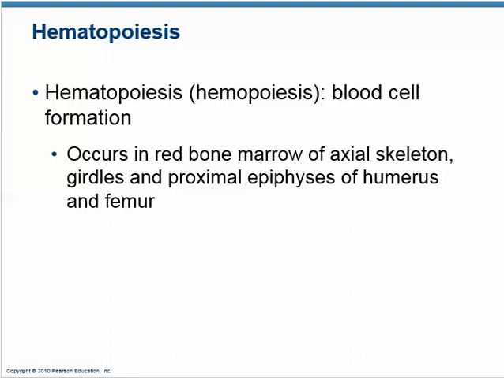One tends to be more American, the other one tends to be more British, but it really means blood formation process. It happens in the red bone marrow, which is found in the spongy bone, the cancellous bone, usually at the proximal ends of long bones, and so it's in your pelvis, in the proximal femur, and the proximal humerus is where most of it happens.